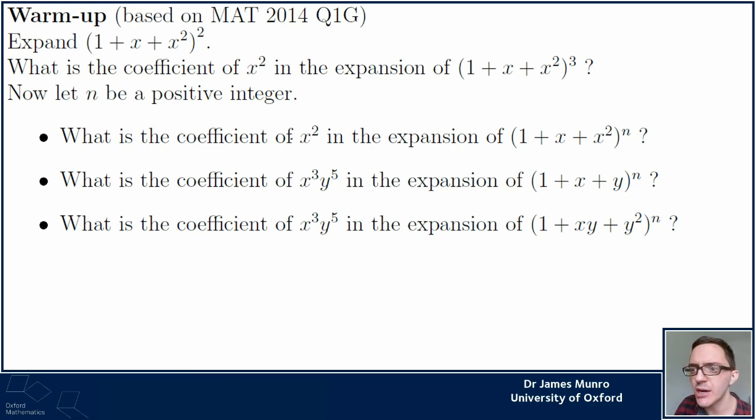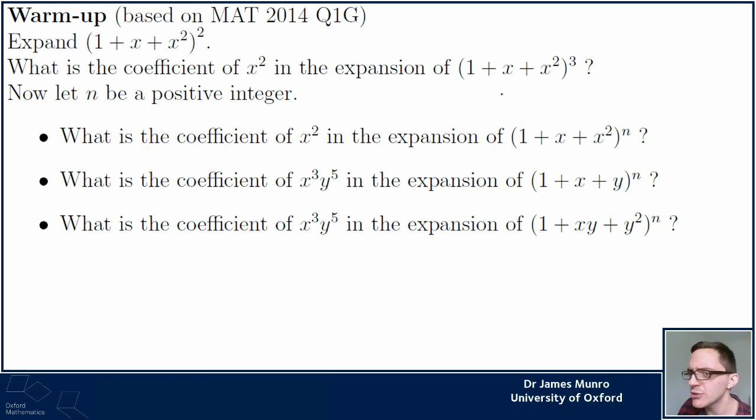So this part asks, what happens when we do (1 + x + x squared) all to the power of n? Now, most of the terms you get are quite large powers of x, all the way up to x to the 2n.